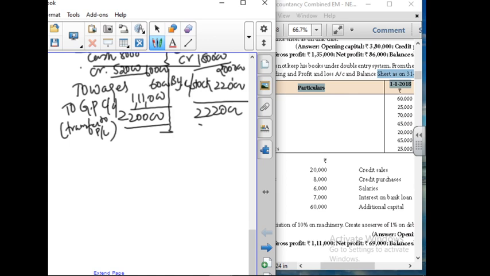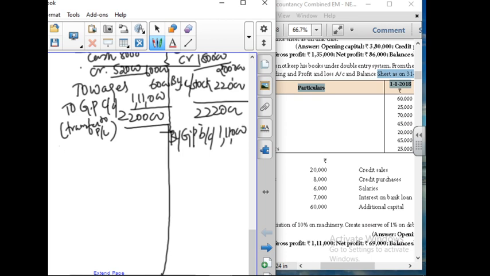Next we are moving to the profit and loss account. First we transfer gross profit brought down, amounted to 1,11,000.